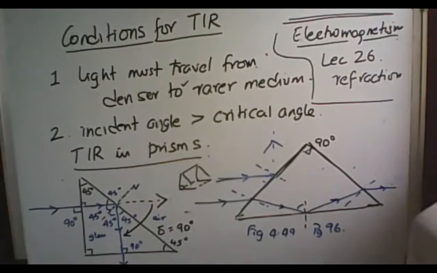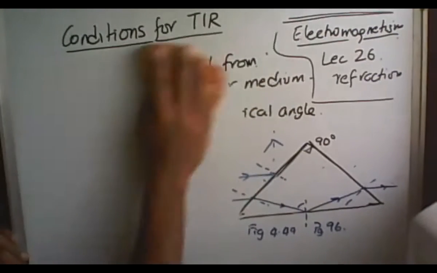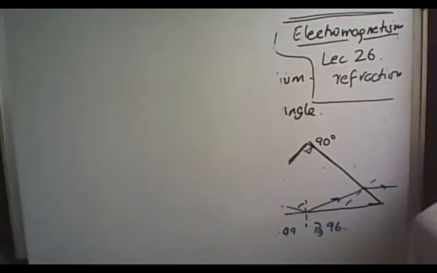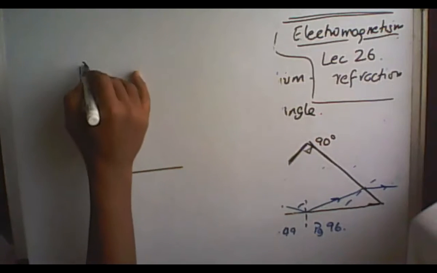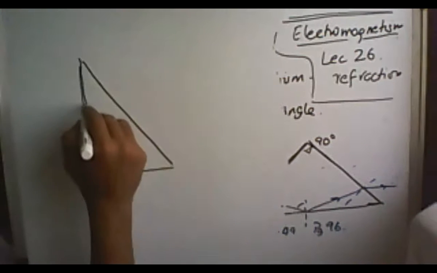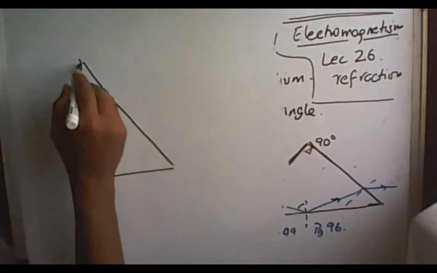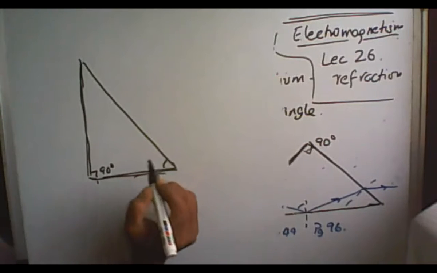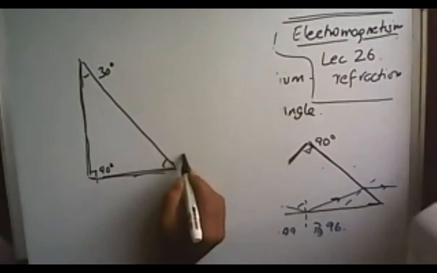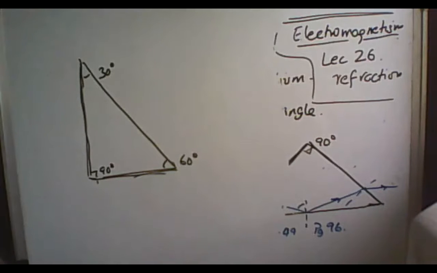Okay, so that's also something that is asked once in a while in the board papers, which is that these prisms where you have a 90 degree here, this is 30 degrees and this is 60 degrees, and you could be asked a variety of questions.